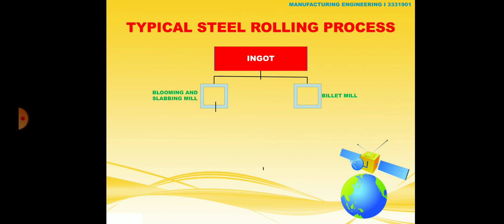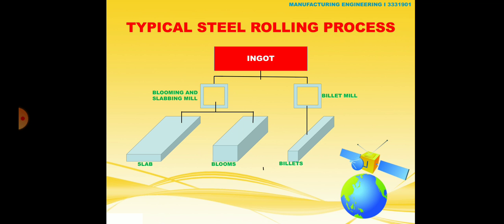From the blooming and slabbing mill, it manufactures two products: one is slab and another is blooms. And from the billet mill, it manufactures billets.